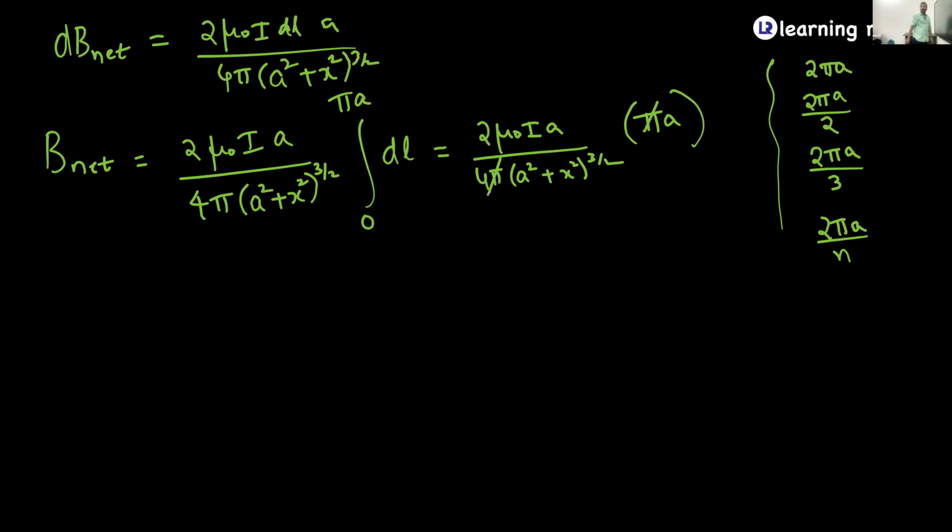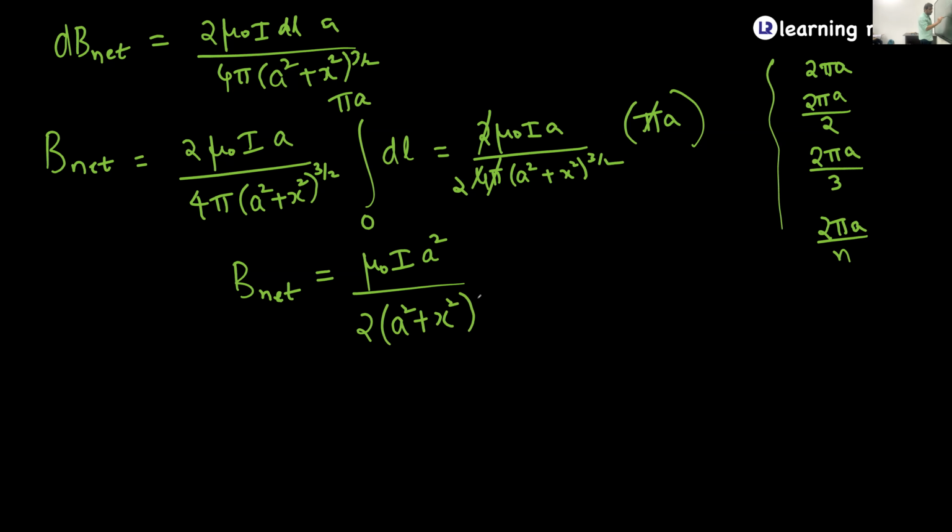Pi and pi will get cancelled. 2 will cancel this 4 twice. So you will get the net magnetic field at point P. The net magnetic field at point P comes out to be mu naught I A square divided by 2 into (A square plus x square), the whole power 3 by 2, and this is going to be the expression.